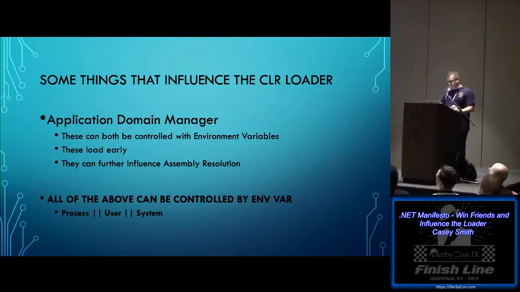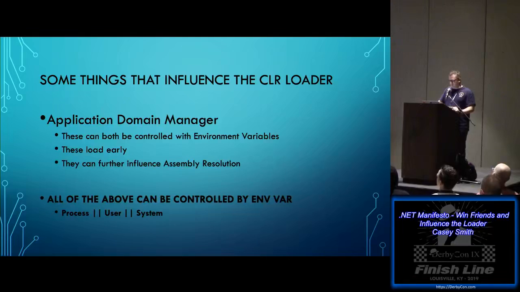So today, just for sake of time, I wanted to focus on two areas, really the application domain manager. Some of you may have heard of these before. Some of this may be new. This is really interesting because an application domain is a unit of isolation you could think of inside of a .NET application. Application domains are set up by the CLR when an assembly is loaded or a process is begun, and these can be controlled by environment variables.